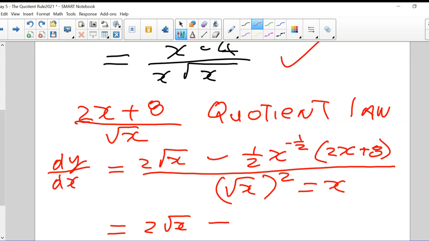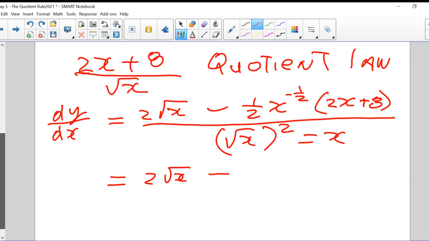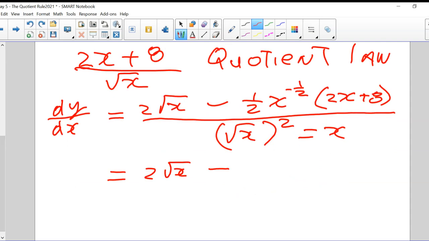When I square the square root of x, I should just get x. So here we're going to have 2 square root of x, and we're subtracting from that. I'm going to change it up a little: I'll put a denominator of x to the power of a half, or the square root of x, if you like, with a 2 here, and I'm going to put 2x plus 8 on top.